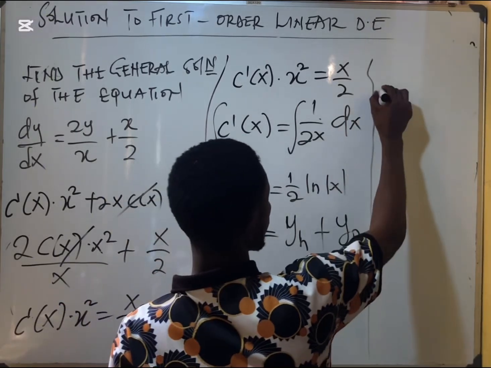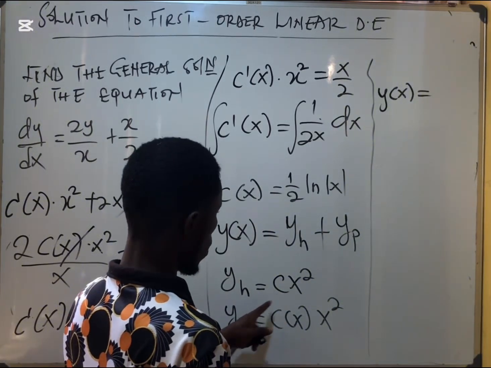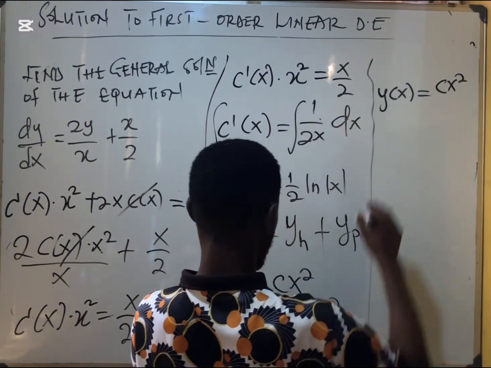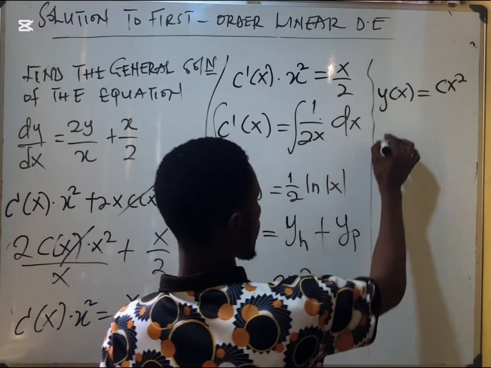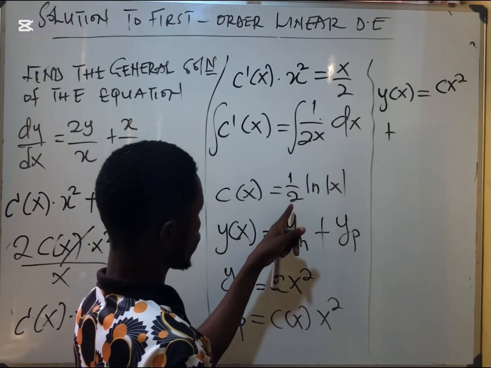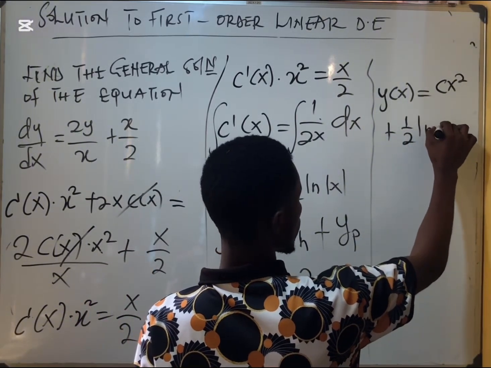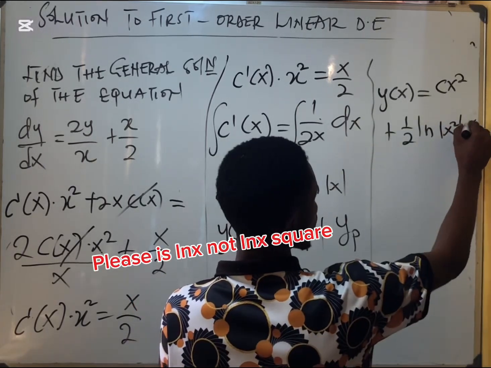So our final answer for this is going to be y of h, which is c x squared, plus c of x, which is half ln x, multiplying by x squared.